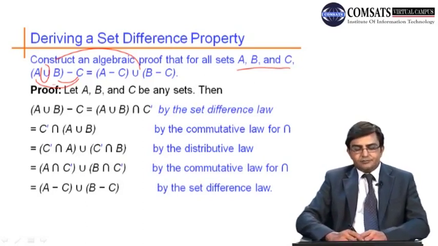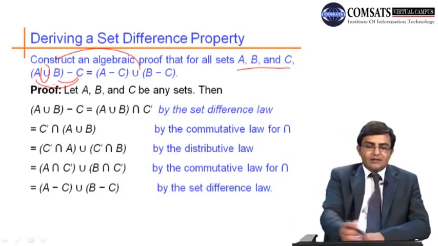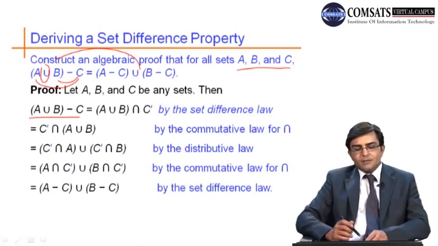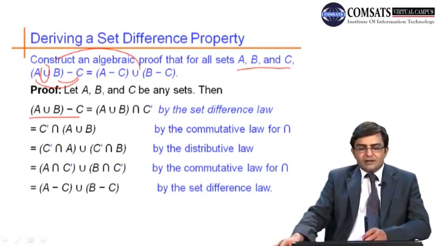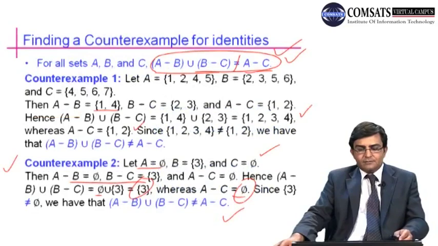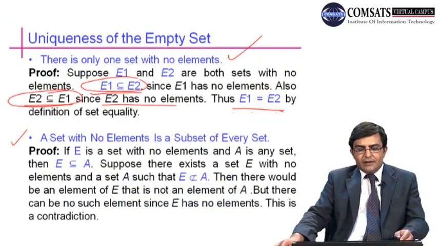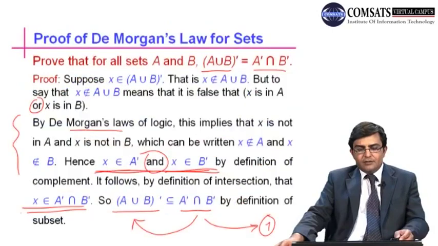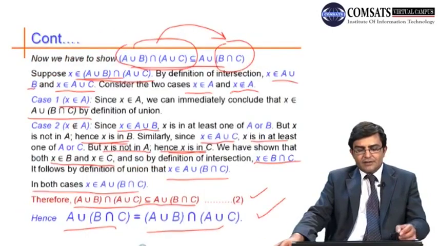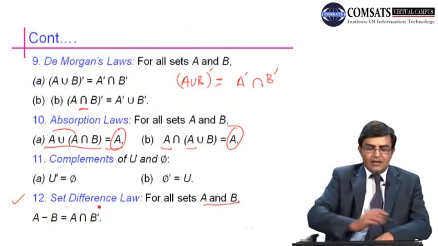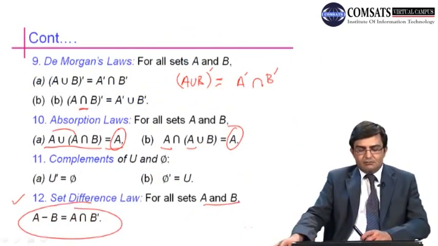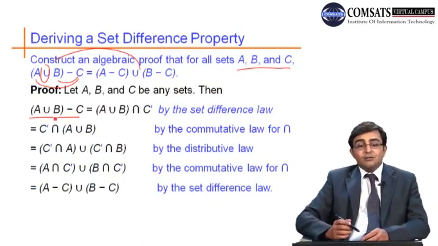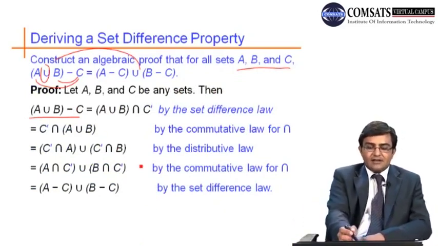We use some set identities to prove this. So we take the left hand side, (A union B) minus C. By using the last identity which we have studied here, A minus B is equal to A intersection B complement, using the set difference law here, we can write (A union B) minus C is equal to (A union B) intersection C complement.